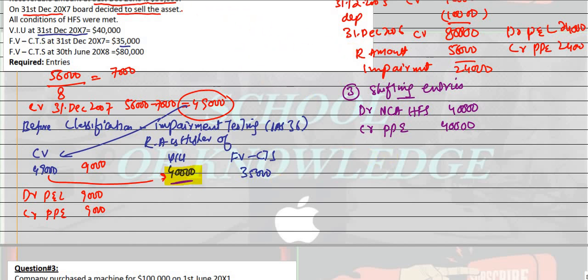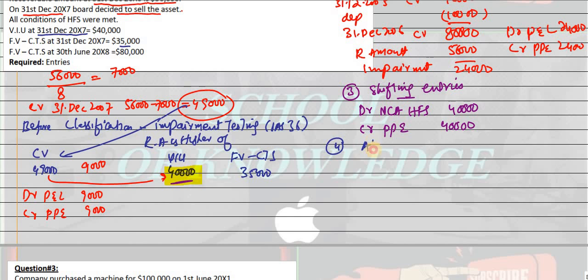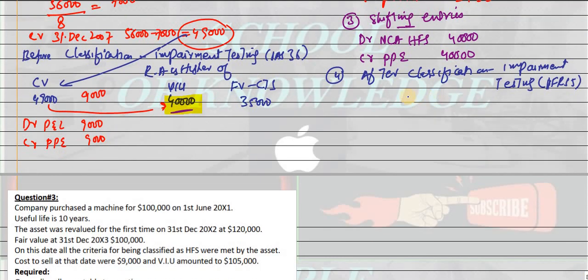Okay, after completing this step, we have to move on, and the fourth step is after classification, impairment testing, but that will be under IFRS 5, and this we have to record at the lower of two figures.